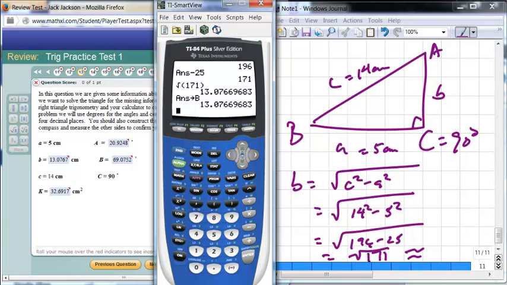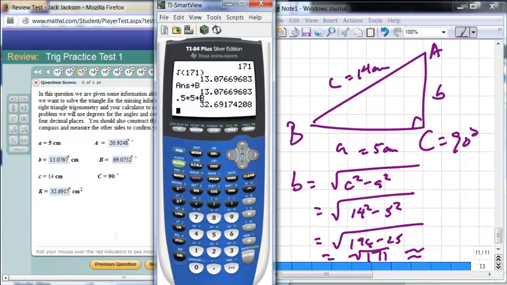If I take 1/2 times the A, 5, times the B that I just stored, that'll be the area. 32.6917. And I have corrected this problem so that it will actually round off correctly now at the end. So it does not use the rounded off versions. If you use the rounded off version here, your last digits could be off.